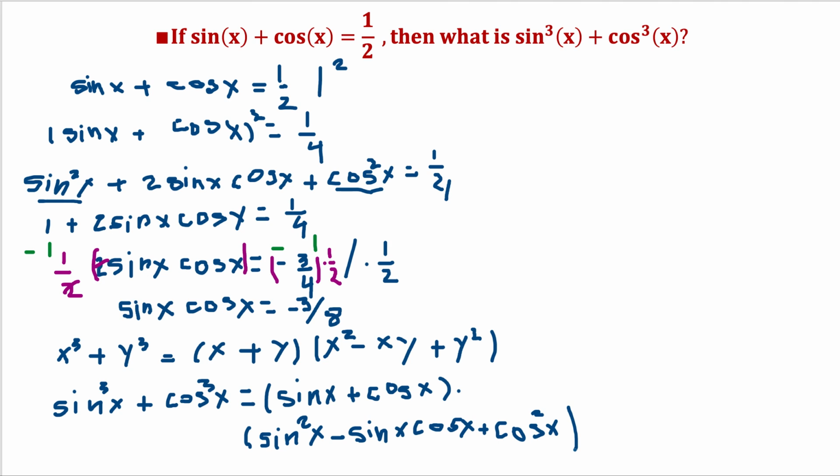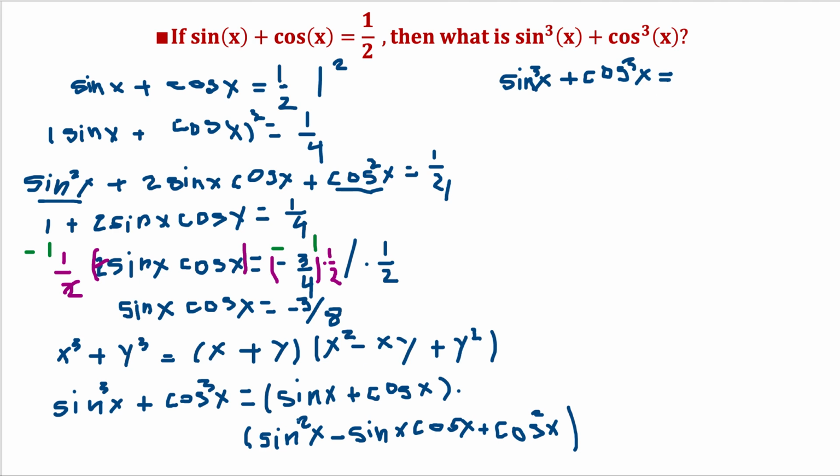And now we have this sine cubic x plus cosine cubic x. Let's write again here sine cubic x plus cosine cubic x, and let's see now what we can do.